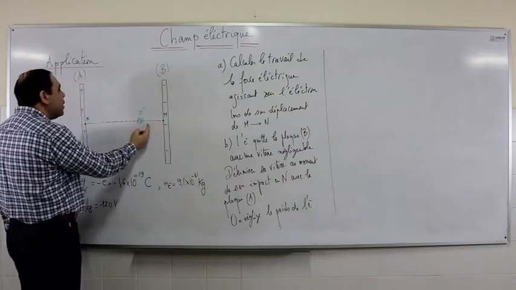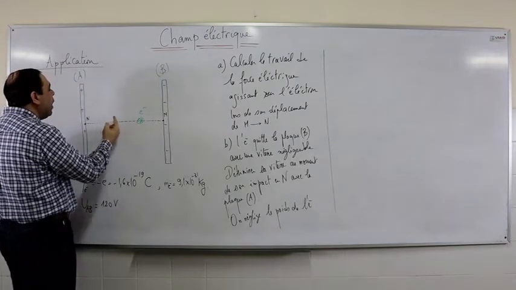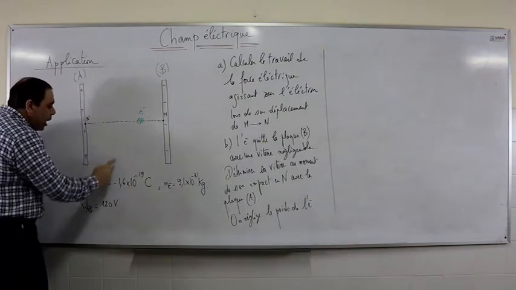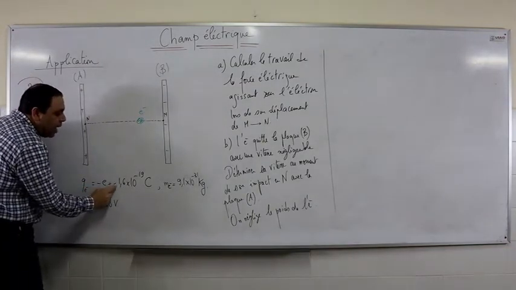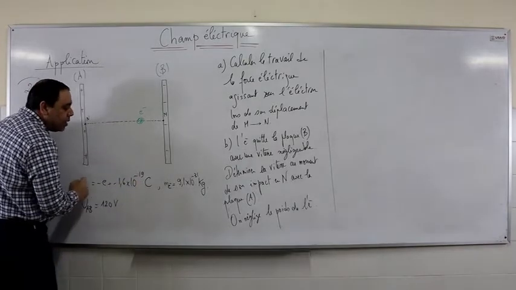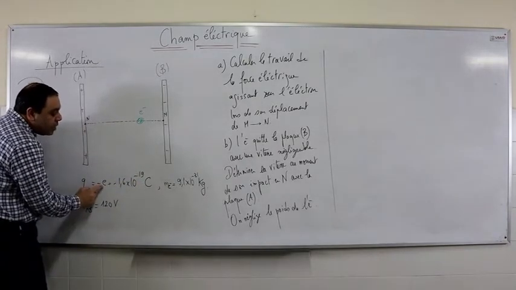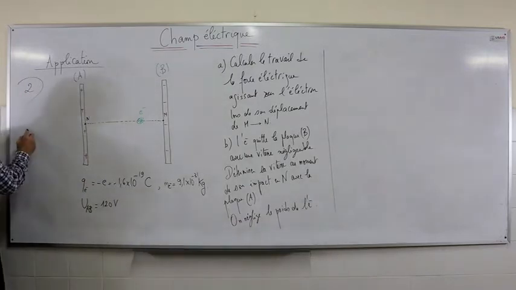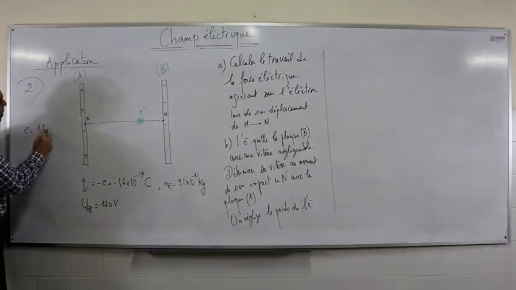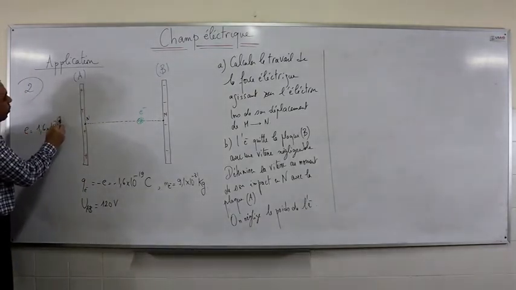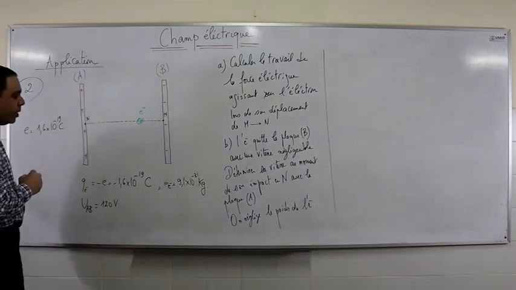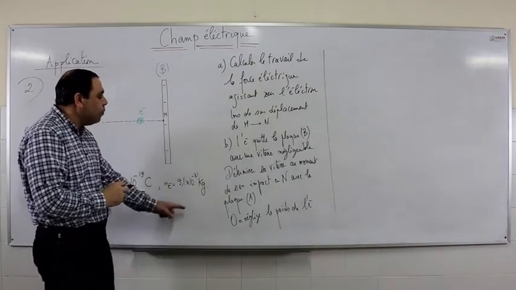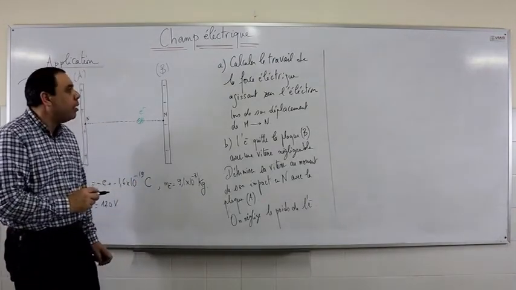The electron moves under the action of an electric force towards plate A. The charge of the electron is minus e, where e is the elementary charge. That is to say, its value is 1.6 times 10 exponent minus 19 coulombs. The electron's mass is given by 9.1 times 10 exponent minus 31 kilograms.